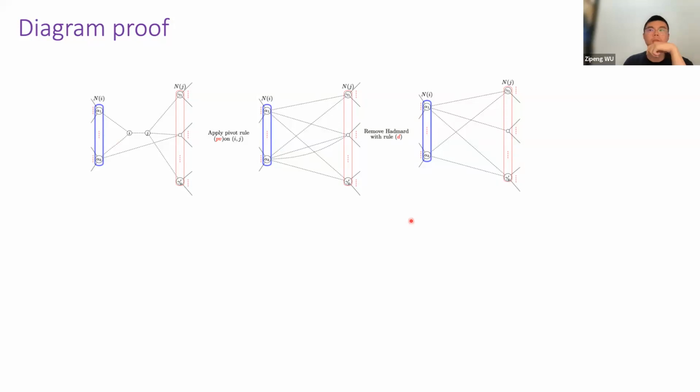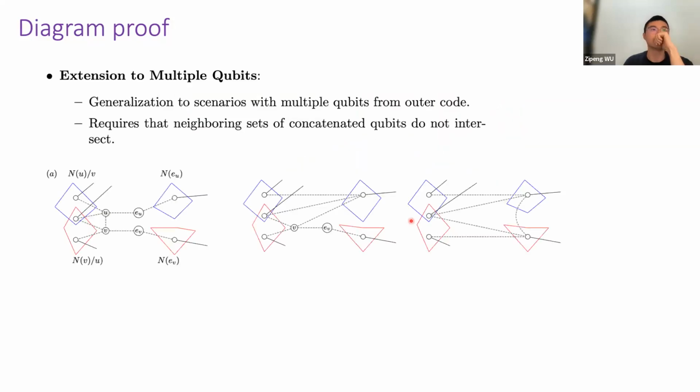And this is for the single qubit case. In a more general setting, multiple qubits of the outer code can be concatenated to the inner codes, and the output qubits of the outer code may have a Hadamard edge between them.